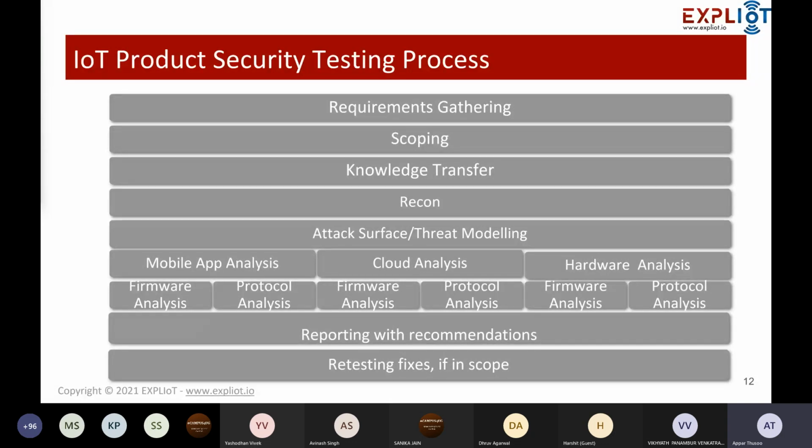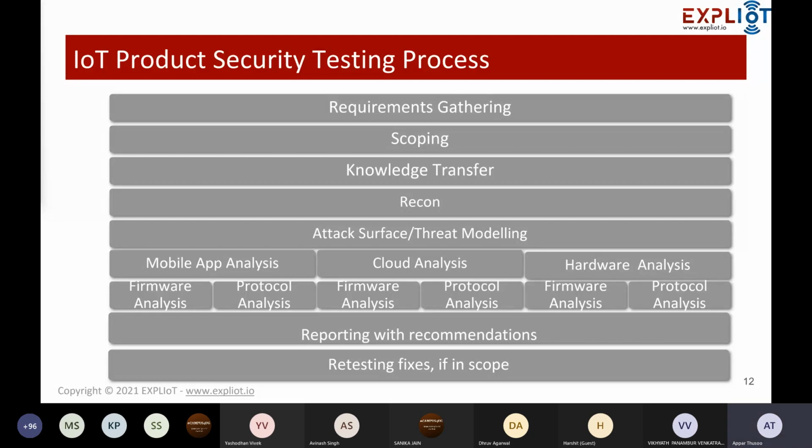Then we go about scoping the different attack surfaces, because a lot of companies that come to us for the security assessment of these devices say that we are not interested in assessing our cloud, or we are not interested in assessing our AOSP implementation, stuff like that.